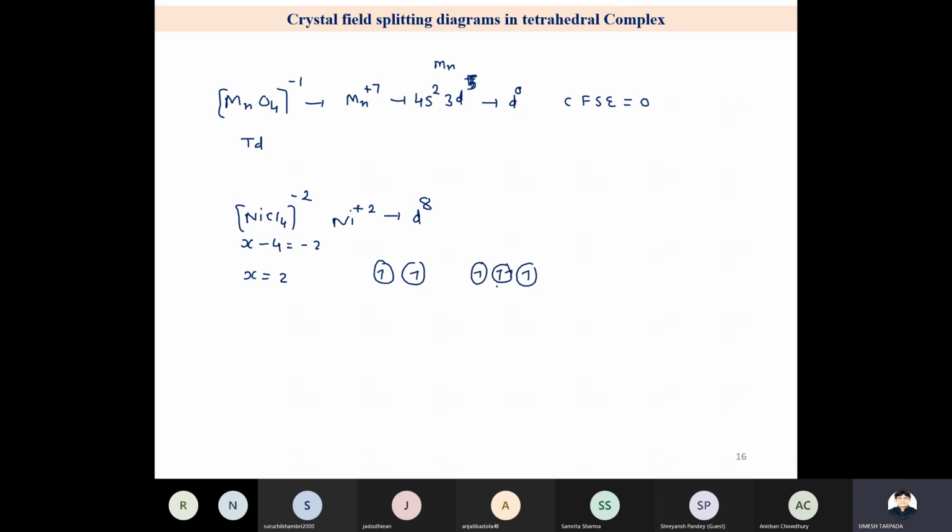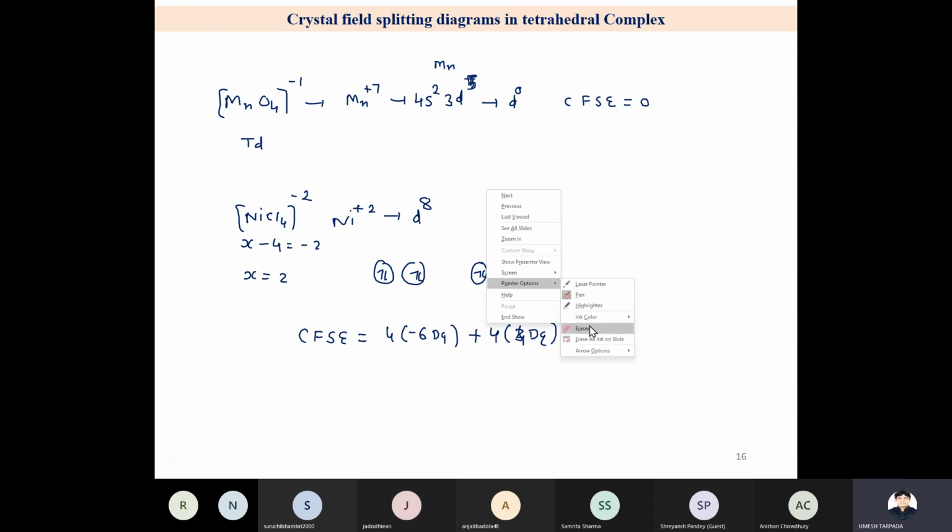These are the 5 electrons, then this is 6, 7, and 8. We have already calculated crystal field stabilization energy is equal to 4 into minus 6 Dq plus 4 into 4 Dq, that is 16, plus 3P. So your answer becomes minus 8 Dq plus 3P. So for a complex you can do the same calculation.